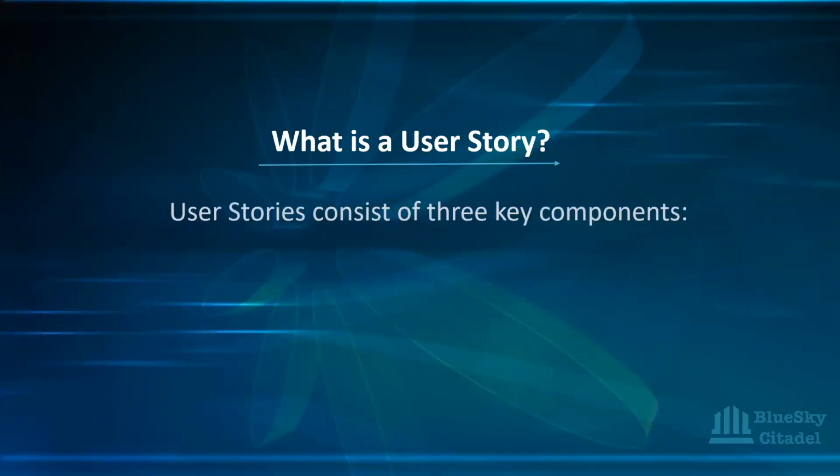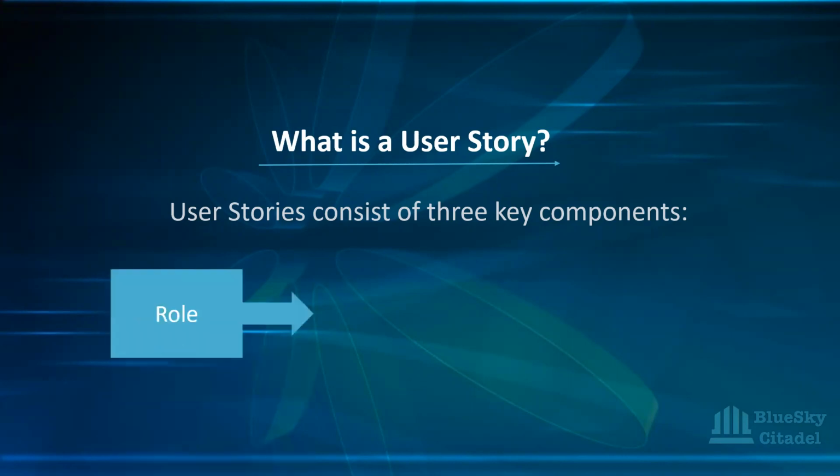So user stories consist of 3 components. Okay, you need to remember this. Always remember this when it comes to user stories, these 3 components that user stories are made up of. The first one is role. And this will begin to make sense as we put it together.